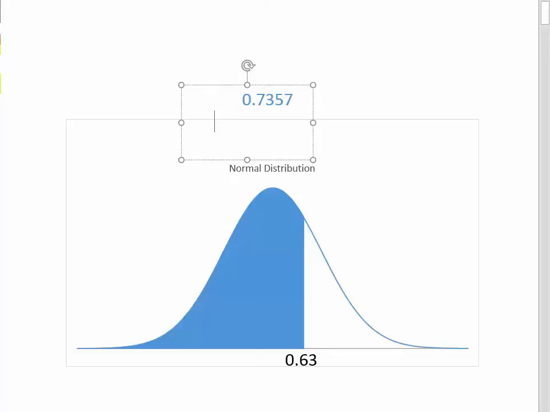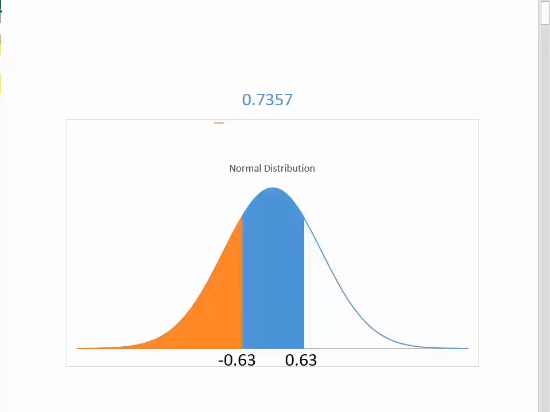Now what we're going to do is look at the negative 0.63 and look at where the probability is that's smaller than it. So from the negative 0.63 back to negative infinity, I'm going to have that probability show up in an orange color.